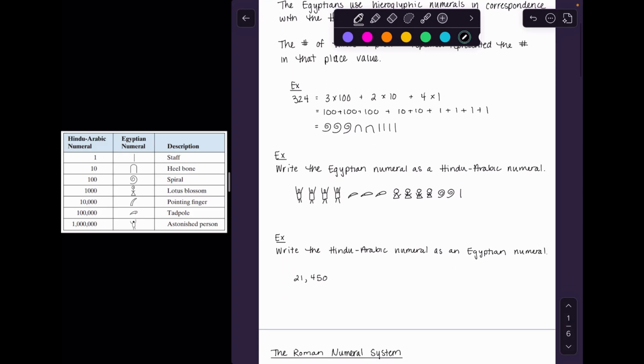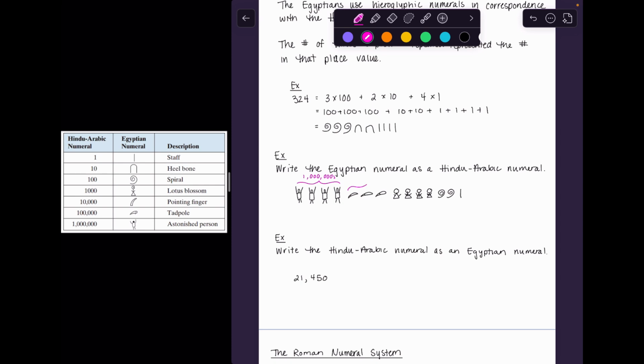If I try to do the reverse, if I want to write the Egyptian numeral as a Hindu-Arabic, again, I just have to figure out what each of these pieces are. Looking at this first symbol, each of these is my astonished person. That is representing 1,000,000.